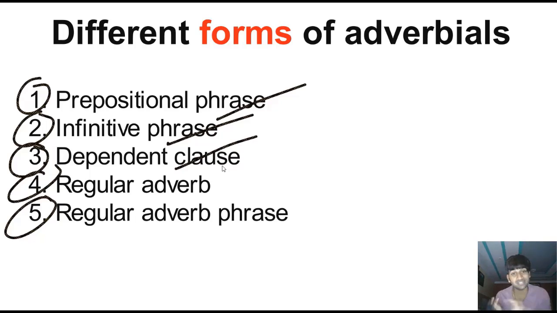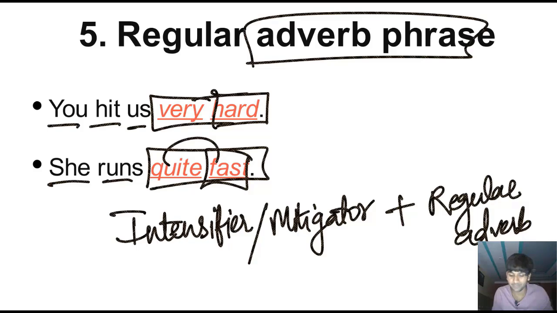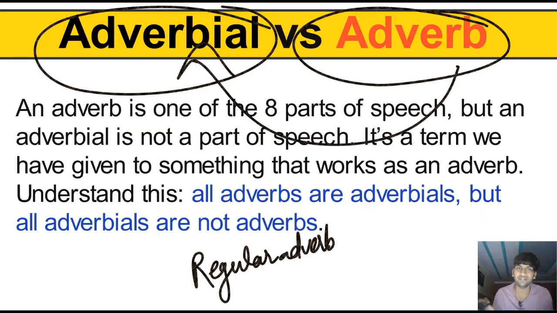These can function as adverbs, but they don't always function as adverbs. They can function otherwise as well, as noun, adjective, right? But regular adverb phrases always function as adverbs. So all adverbs are adverbials, but all adverbials are not adverbs. They can be, all right? We call them adverbials when they function as adverbs.